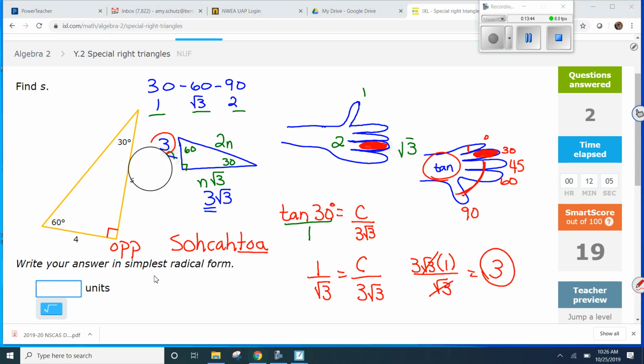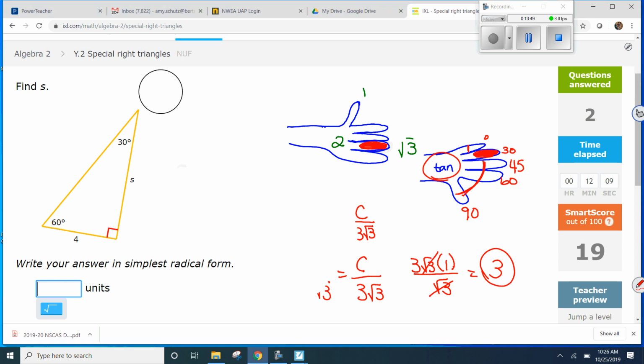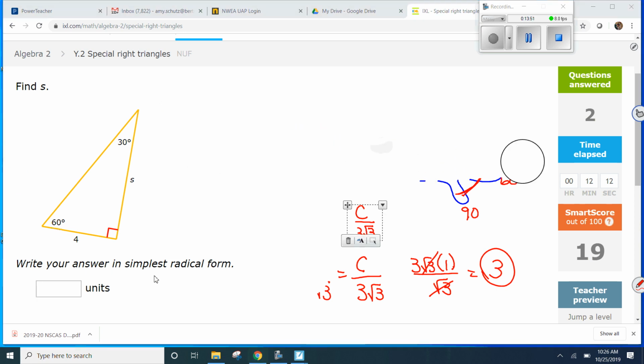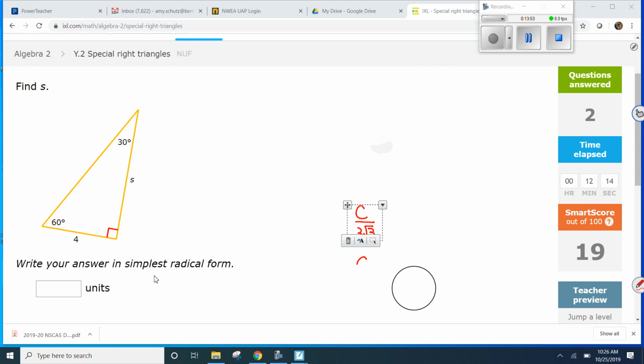Okay, I'm going to erase this. I'm not sure what method you're going to use.